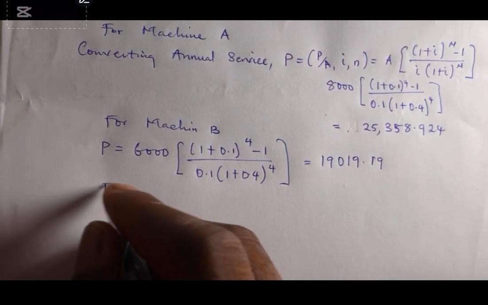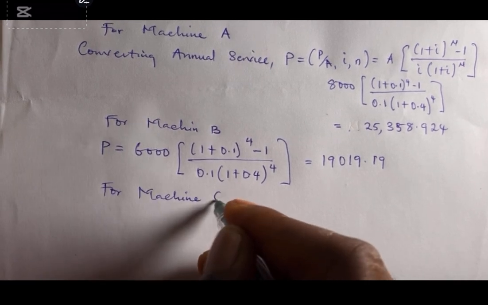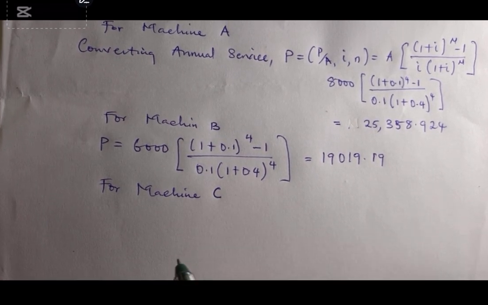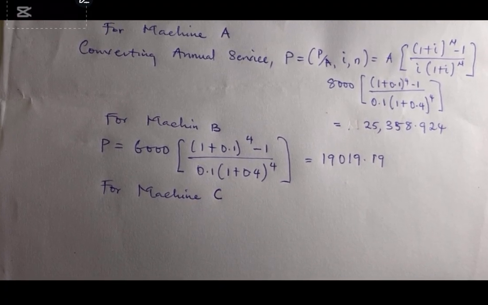For machine C, we're also going to do the same. Remember what we are doing? We are converting the annual service worth to its present sum.